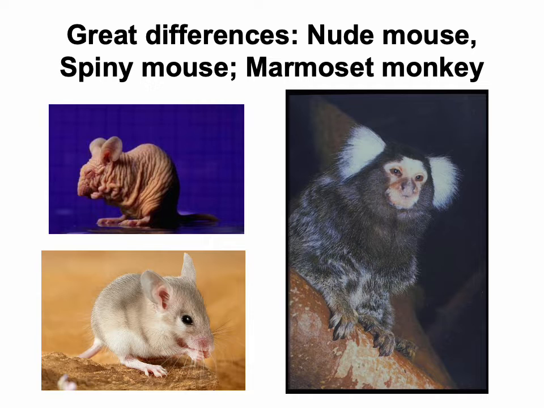Concerning the feeding of the laboratory animals, the first problem we meet is that we have great differences in the species and strains and digestive systems. You see that some extreme examples can be given, that the Nude mouse, the Spiny mouse, or even the non-human primates, the Marmoset monkeys, may have an absolutely different type of digestion and of course feeding.